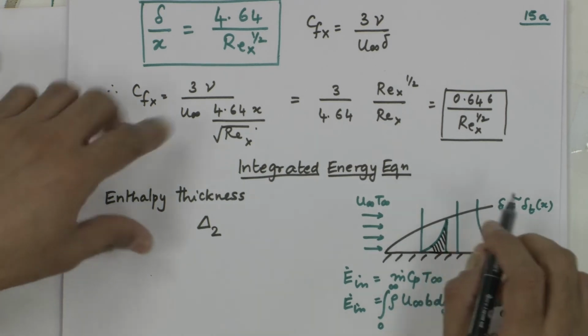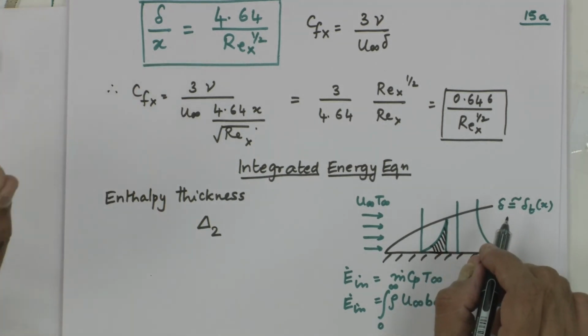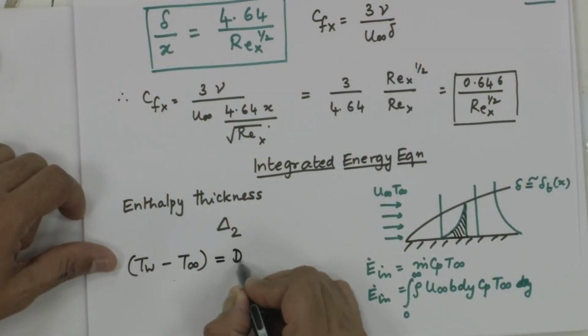Therefore, we had to define a momentum thickness to account for that deficit, conservation of momentum. Now, the same logic is used for energy content and the heat transfer associated. Okay. What is the maximum heat transfer that is possible? The maximum heat transfer that is possible is when Tw minus T infinity is the driving temperature difference.